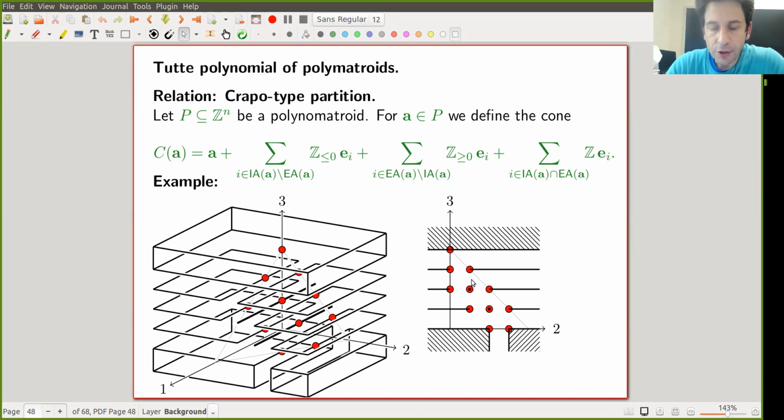According to the set of internally active elements or externally active elements, you get rays in the positive direction, negative direction, or both directions.